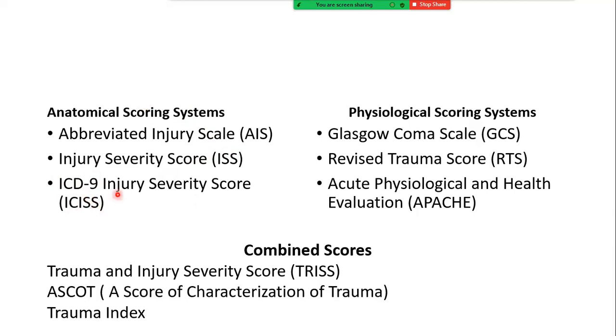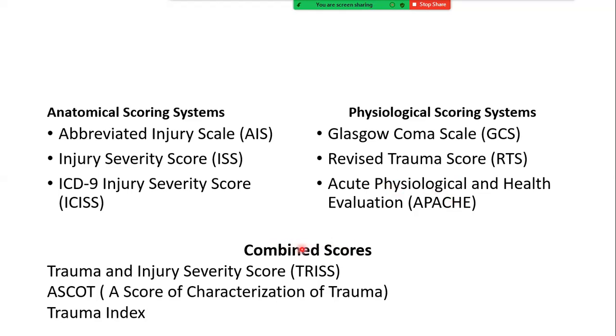Coming to physiological scoring systems, one you very commonly use is the Glasgow Coma Scale, and a variation of this is the Glasgow Coma Scale Pupillary Reactivity Score, GCS-P. Then we have the Revised Trauma Score, and the APACHE score, which is basically for ICU patients, mostly non-trauma patients.